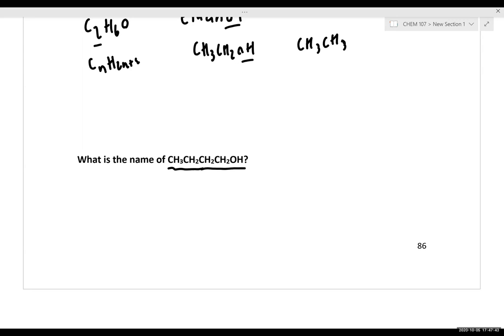And let's try to get some proposed names for these compounds in the chat or verbally proposed. And we'll discuss in about another minute.